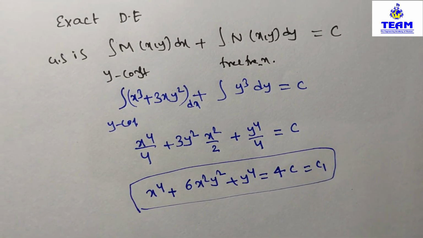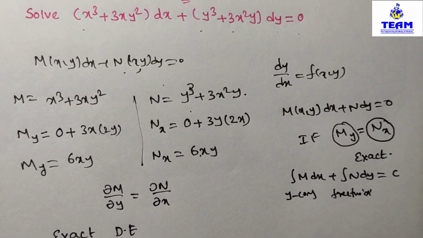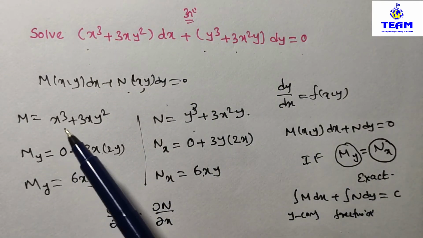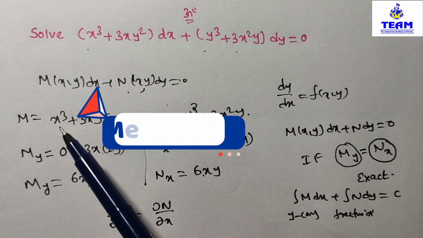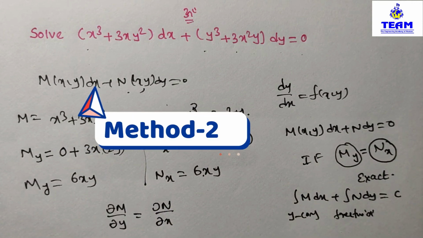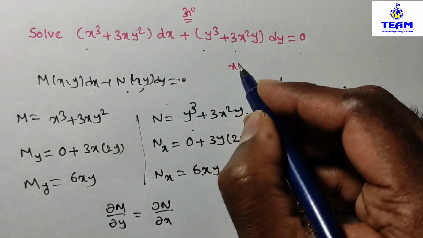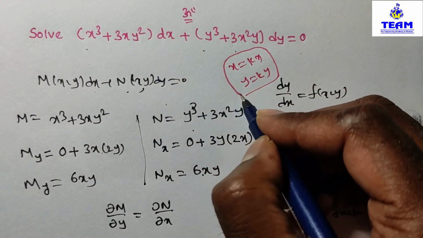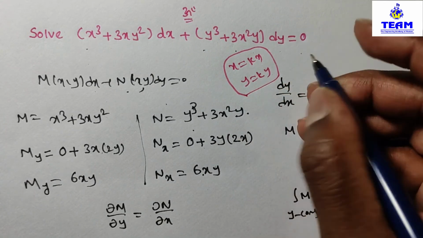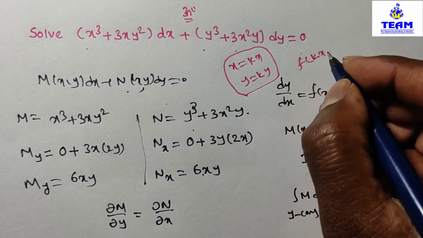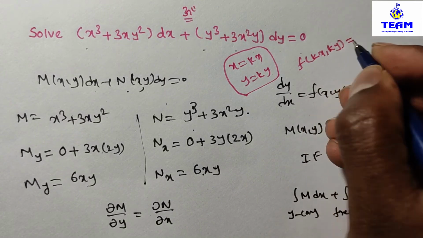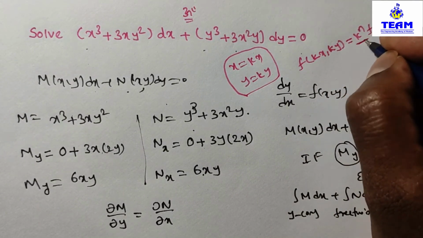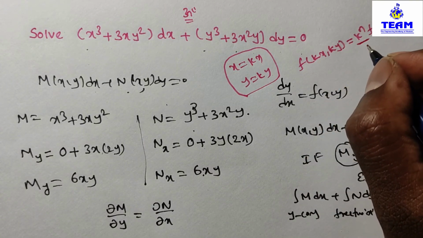But you observe, friends, the given problem is in the form of Mdx plus Ndy, but M here is x cube plus 3xy square. Here if you replace x with kx and y with ky, if you get f of kx comma ky equal to k to the power of n into f of x comma y, we can say the given function is a homogeneous function of degree 3.